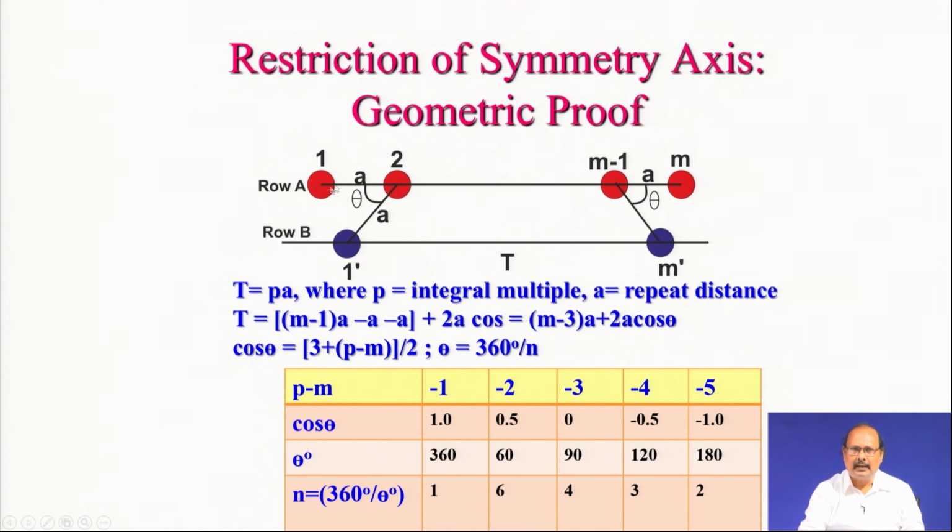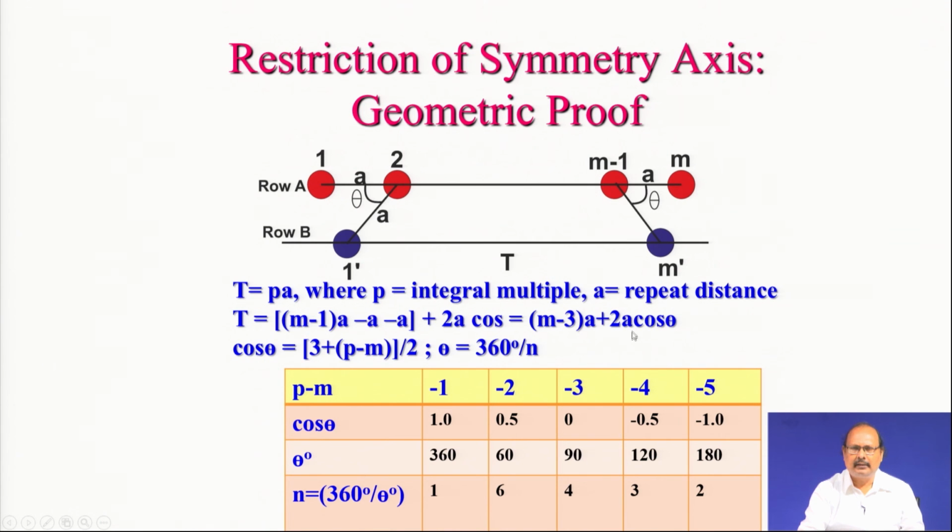And then I add this distance here, this particular distance from here, if I draw a perpendicular here. So, this distance is a cos theta. So, a cos theta here, a cos theta here, so we have 2 a cos theta. So, what you have now is that t is equal to p a, which now becomes m minus 3 into a plus 2 a cos theta.